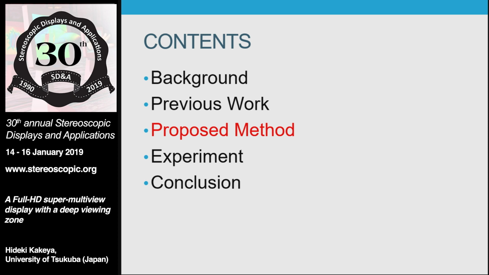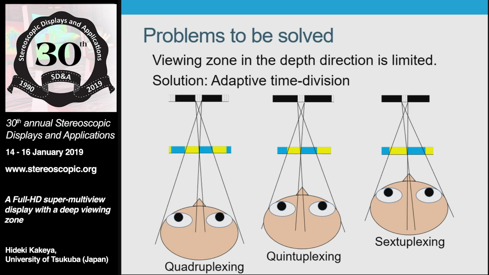So we're going to the original work presented here. The problem of the system we presented at the SID this year is that the viewing zone in the depth direction is quite limited. As I said, the width of the viewing zone for each eye is about 20 millimeters.